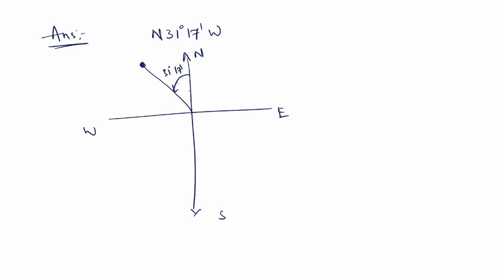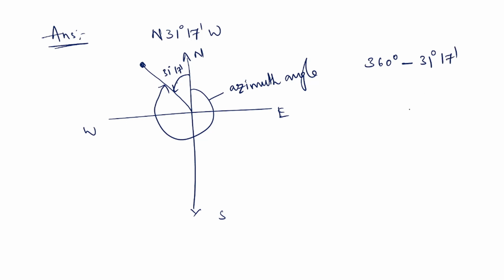What is the azimuth angle? This will be the azimuth angle, because it is clockwise from the north, and in the question it is also mentioned. To find this, you have to find 360 degrees minus 31 degrees 17 minutes.